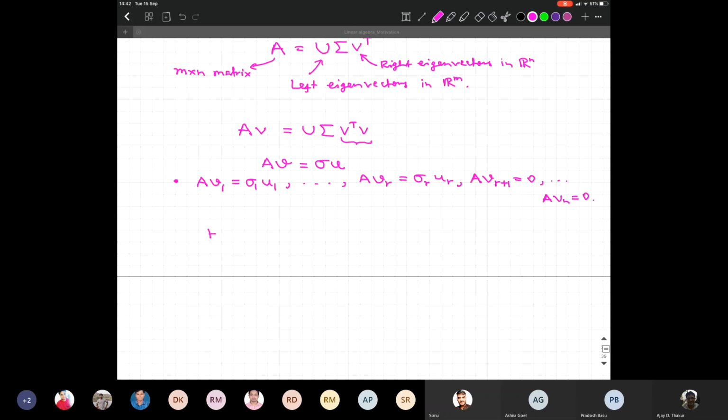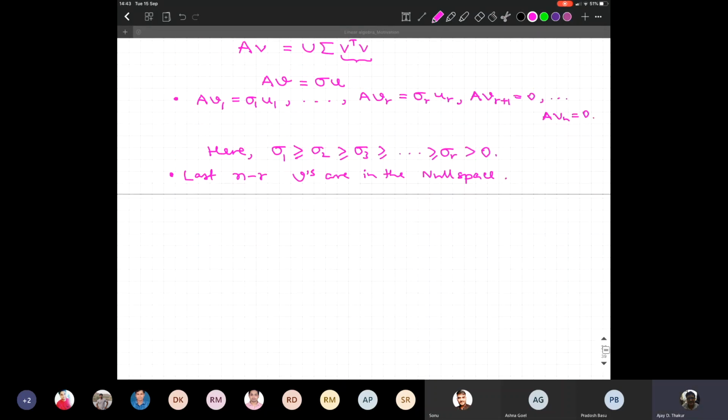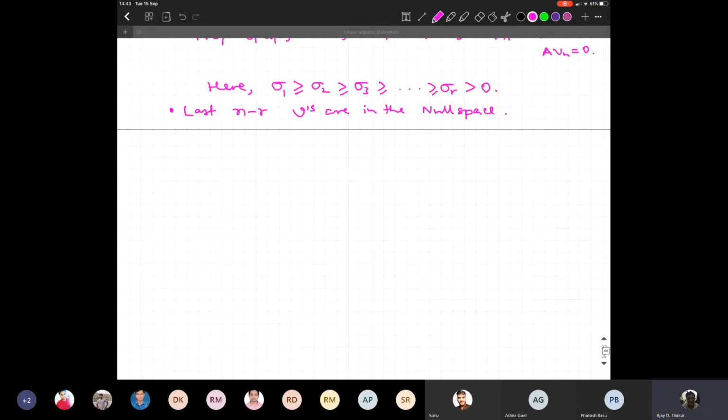One other point to be noted is the proper ordering of these values: sigma 1 is greater than or equal to sigma 2, which is greater than or equal to sigma 3, up to sigma r, and this should be greater than 0. And the last N minus r V's are in the null space, so they are as good as zero vectors.